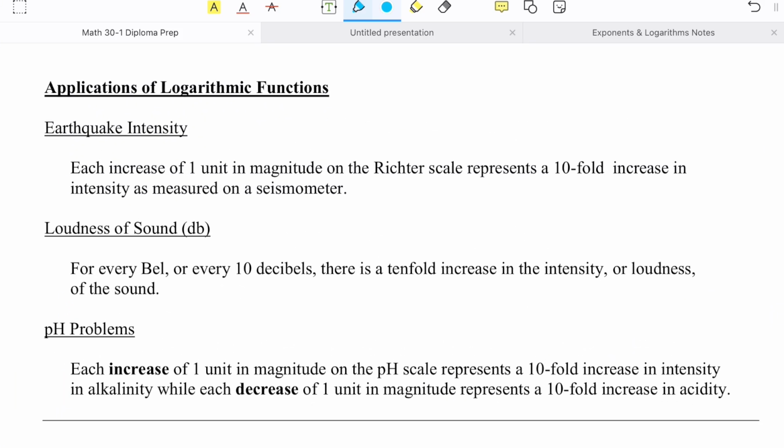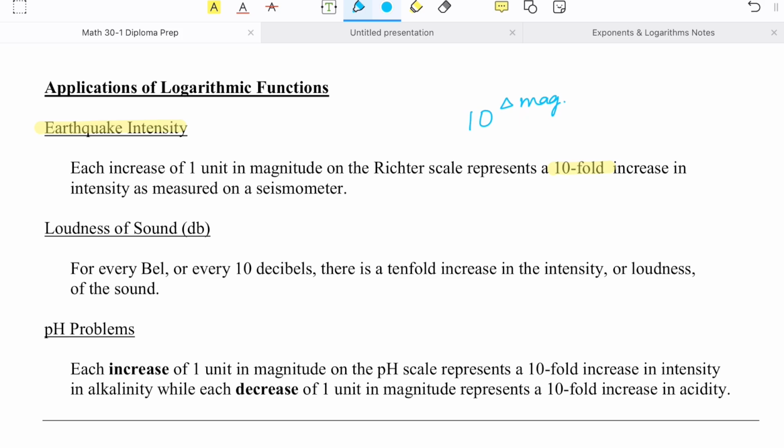For applications of log, we did earthquake intensity. Each increase of 1 unit in magnitude on the Richter scale represents a 10-fold increase in intensity. We did a specific formula for it, which involved magnitude. If you're talking about how intense it would be, it's 10 to the power of the difference in magnitude.